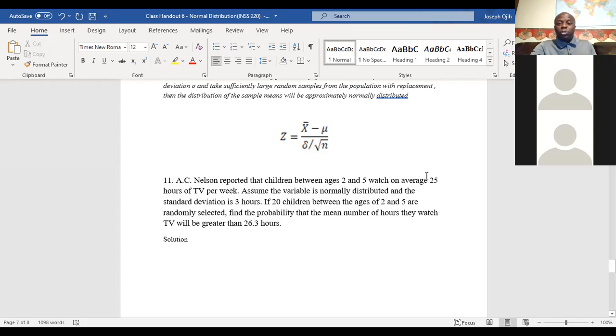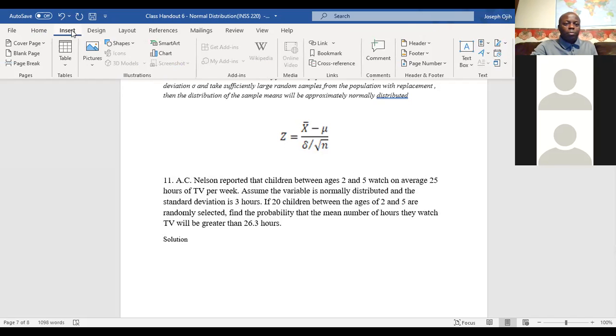This is for the entire population of children of that age, which gives us the population mean: the population mean is 25 hours of TV. Then the variable is normally distributed and the standard deviation is 3 hours.